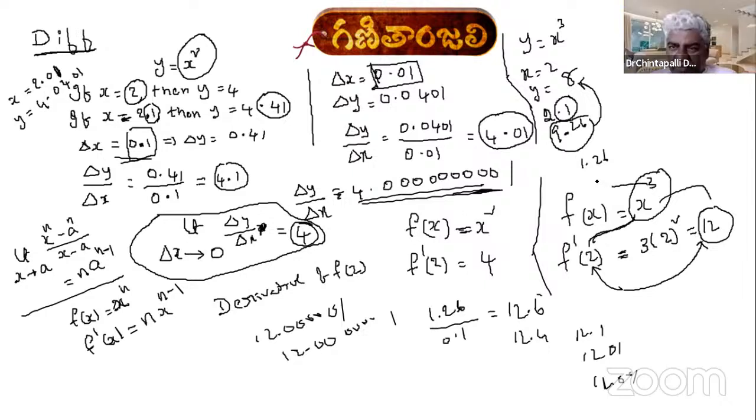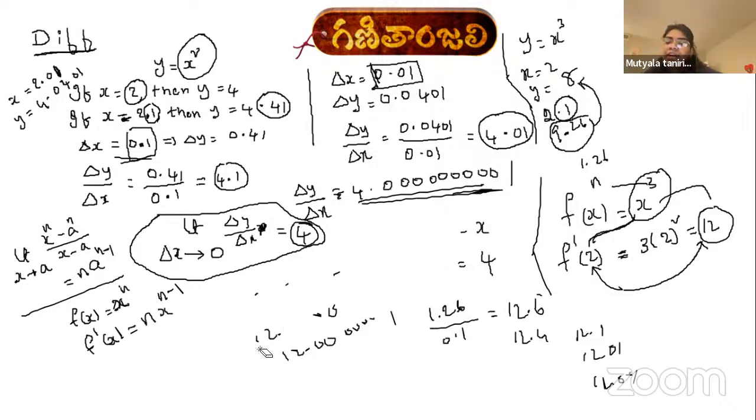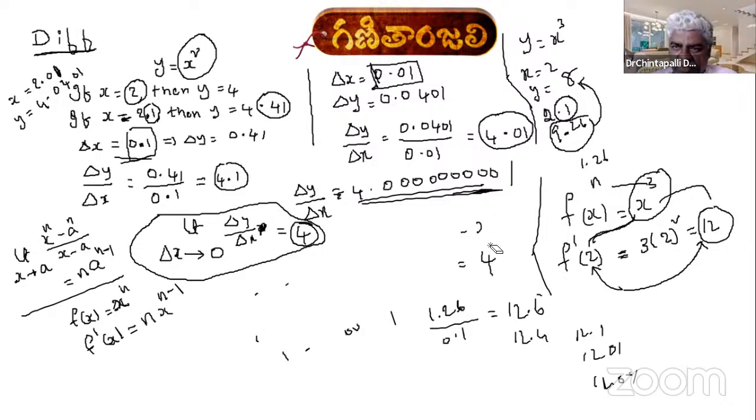Here n is equal to 3. So 3 times x to the power 3 minus 1. What is 3 minus 1? 2, sir.